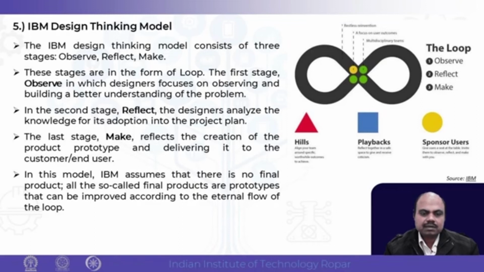The last stage is make, reflecting the creation of the product prototypes and delivering them to the customer and end user. So in this model, IBM assumes that there is no final product. All the so-called final products or prototypes can be improved according to the eternal flow of the loop. On the right side of this slide, you can see the loop. First is observe, next is reflect, third one is make.